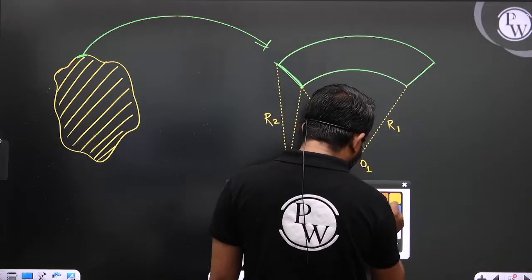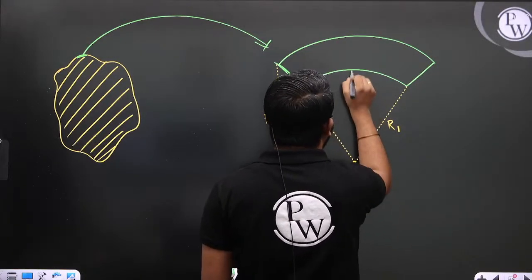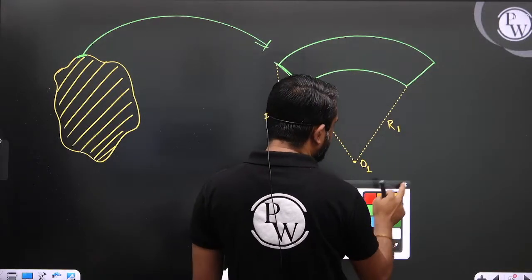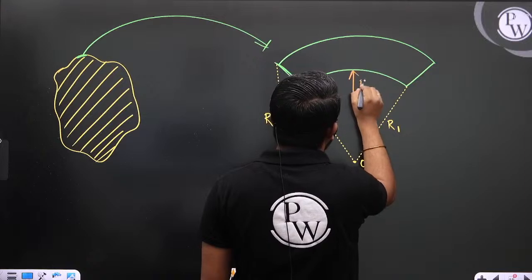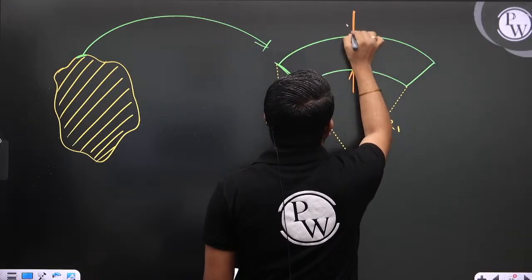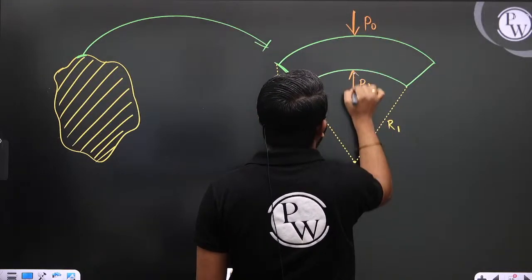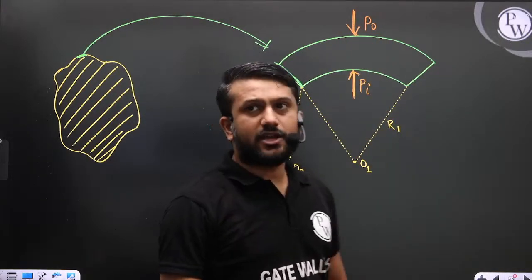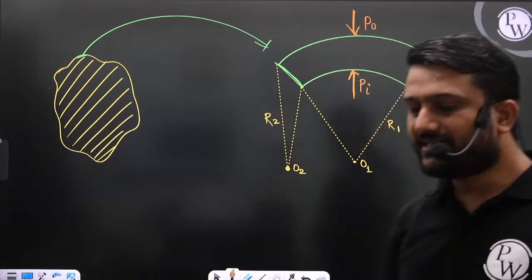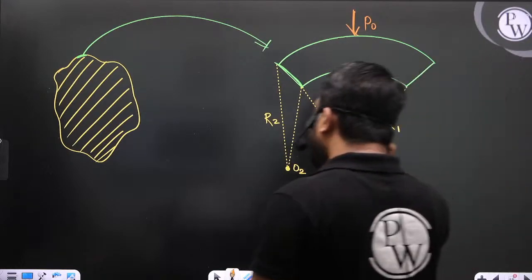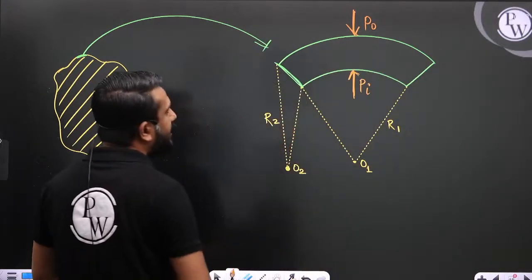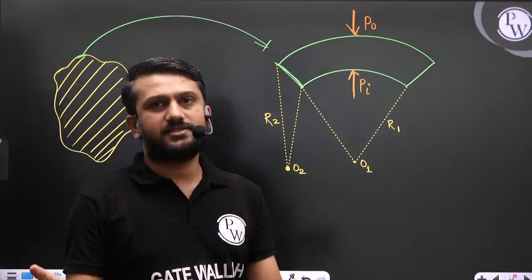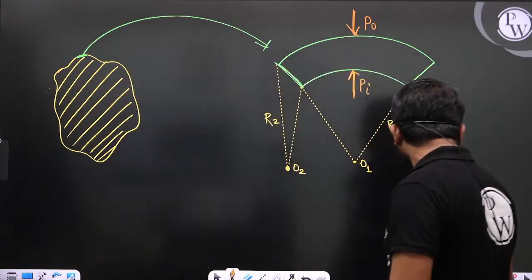And this side pressure is Pi, and this side pressure is P naught. So by using the concept of surface tension and the force equilibrium concept, you can easily derive this equation.